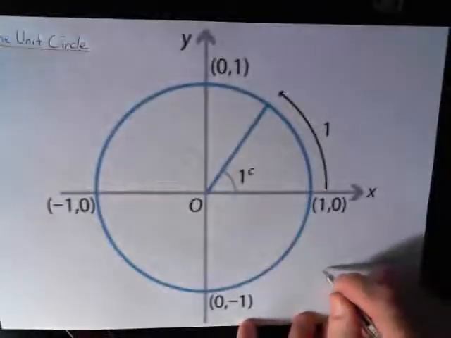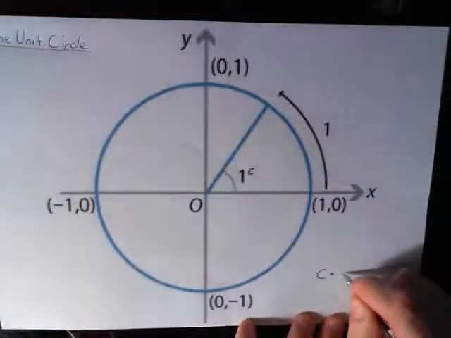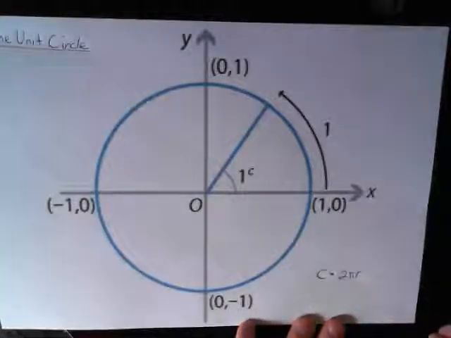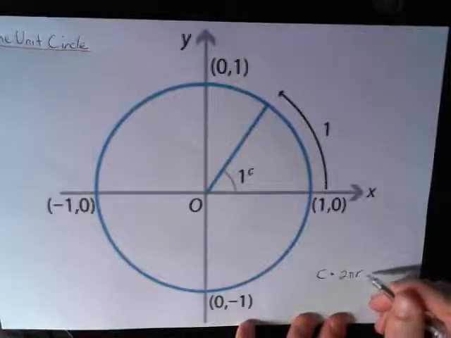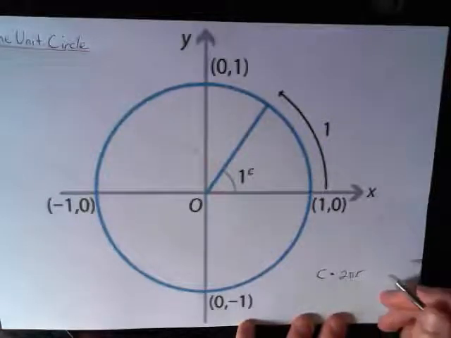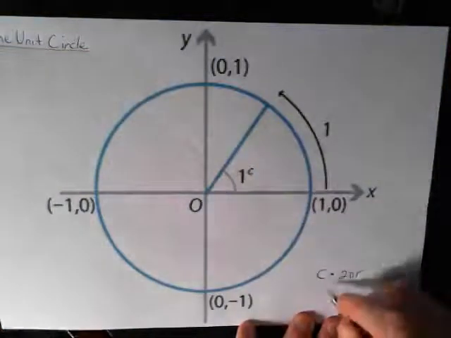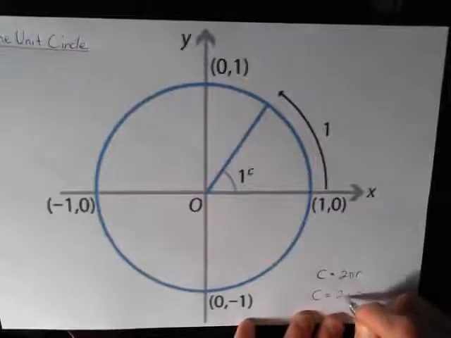The formula for the circumference of a circle is 2 pi r. You can do pi times diameter, but we also use 2 pi r, and that's the one we want to use at the moment. Now, the radius of this circle happens to be 1. So the circumference of this circle is 2 pi.